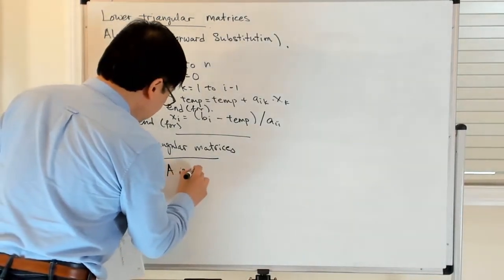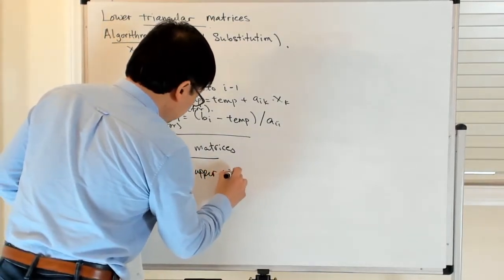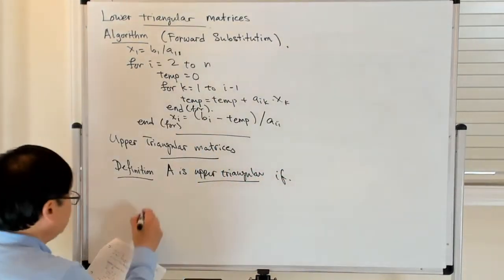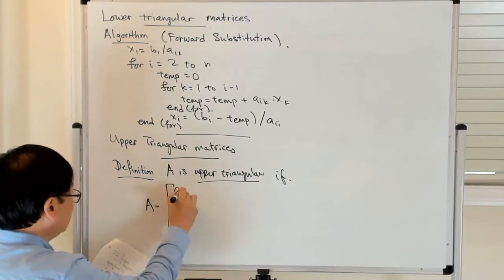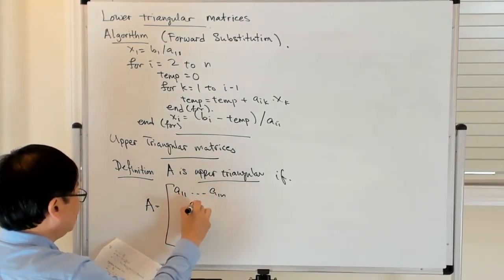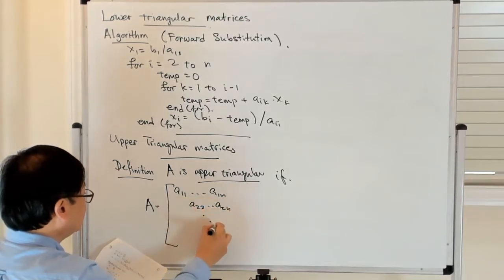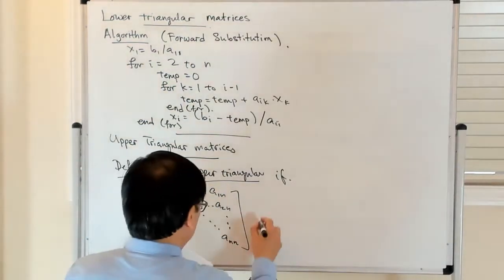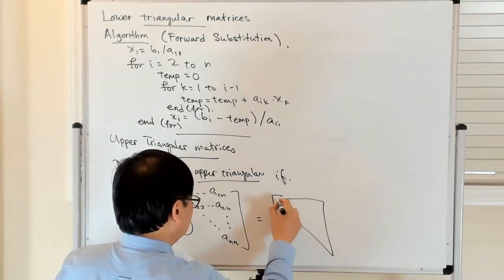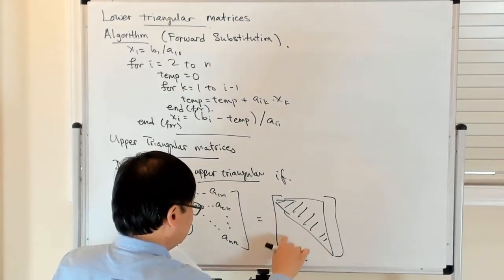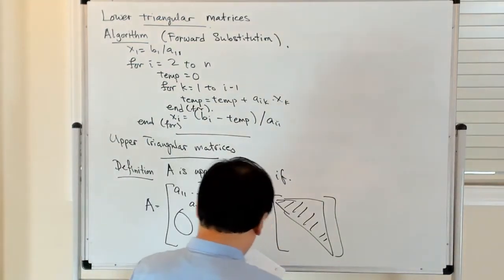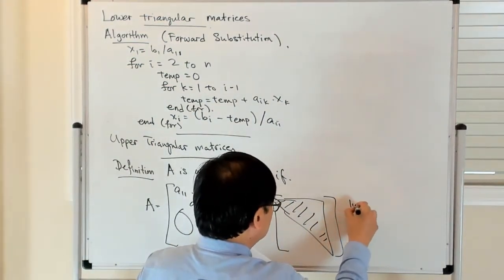A is upper triangular if you can write A as A11 to A1n, A22 to A2n, ANN. Then the entries below the diagonal are 0, and sometimes I denote this by just drawing a triangle and shading it in, and it's understood that these entries are non-zero. And again, this is invertible if and only if all the diagonal entries are non-zero.